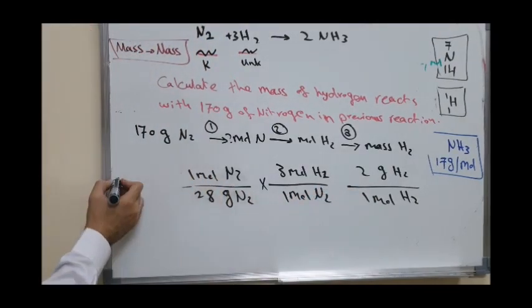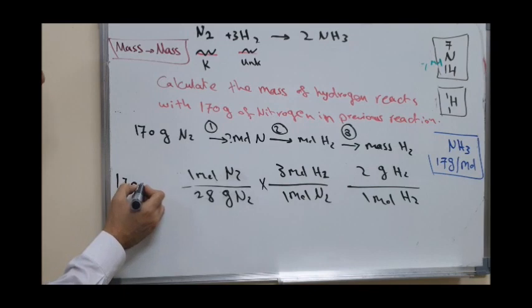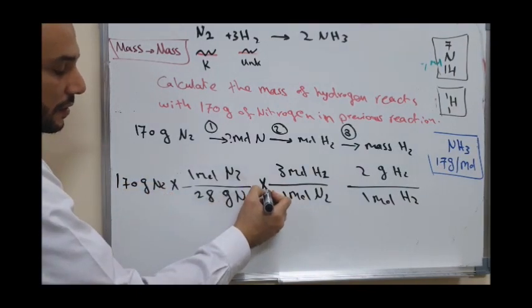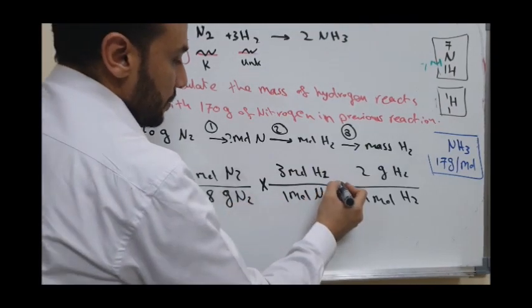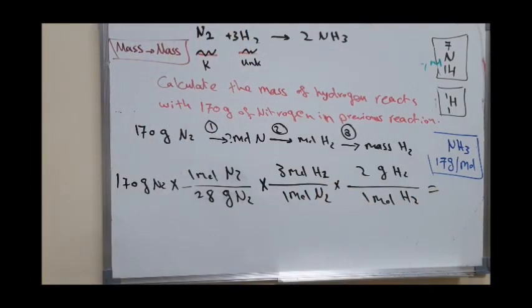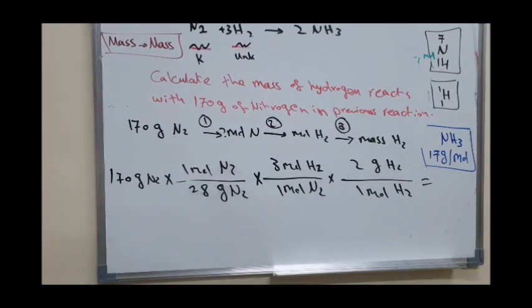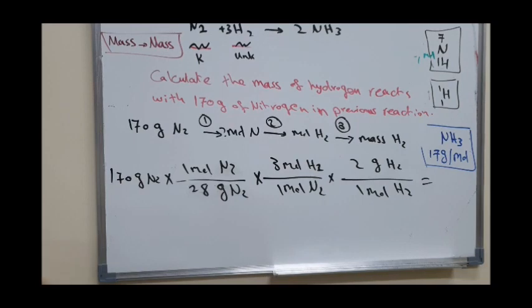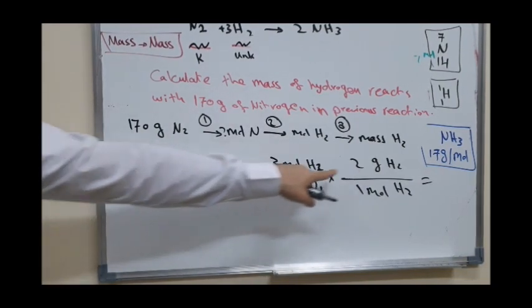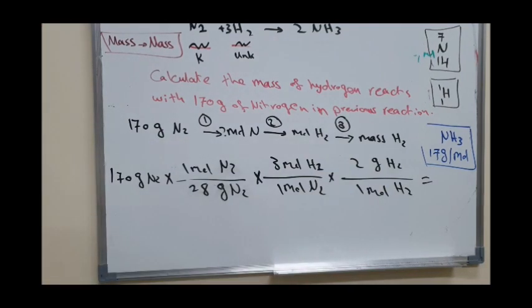So we just write the numbers in the equation: 170 grams of N2 multiplied by the first conversion factor, multiplied by the second, multiplied by the third conversion factor. As we see, we start with the mass of the first substance, nitrogen, and we finish with the mass of hydrogen.